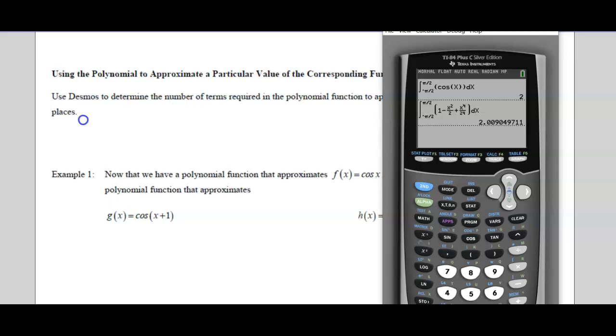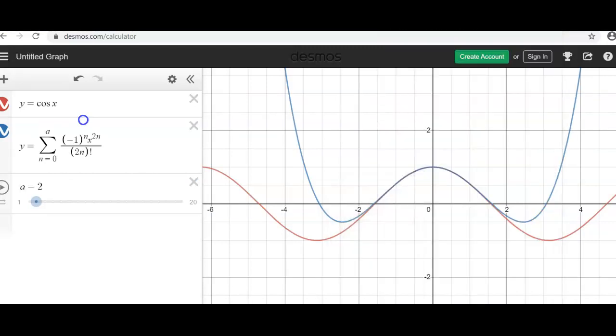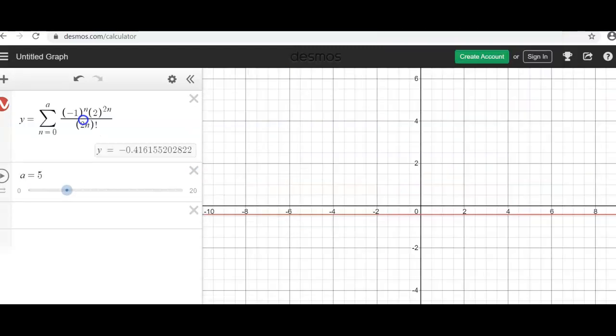So I've entered that same polynomial function, but with an x value of 2, going from 0 to a.